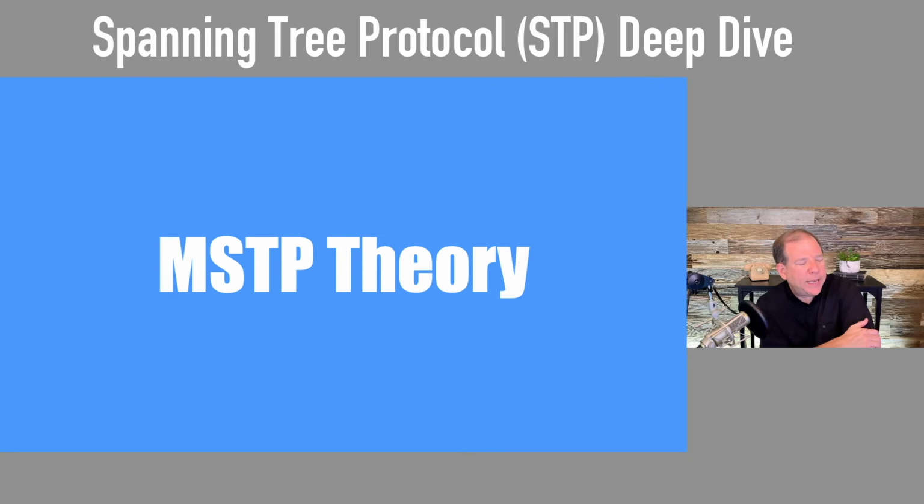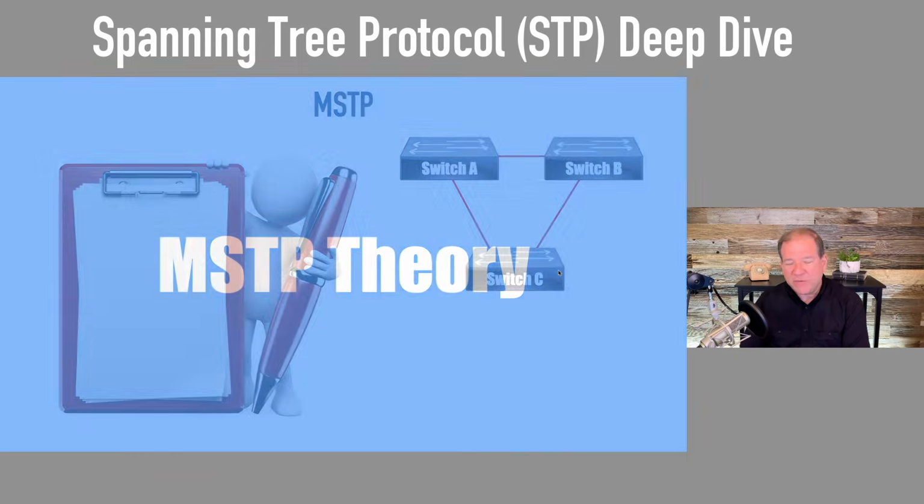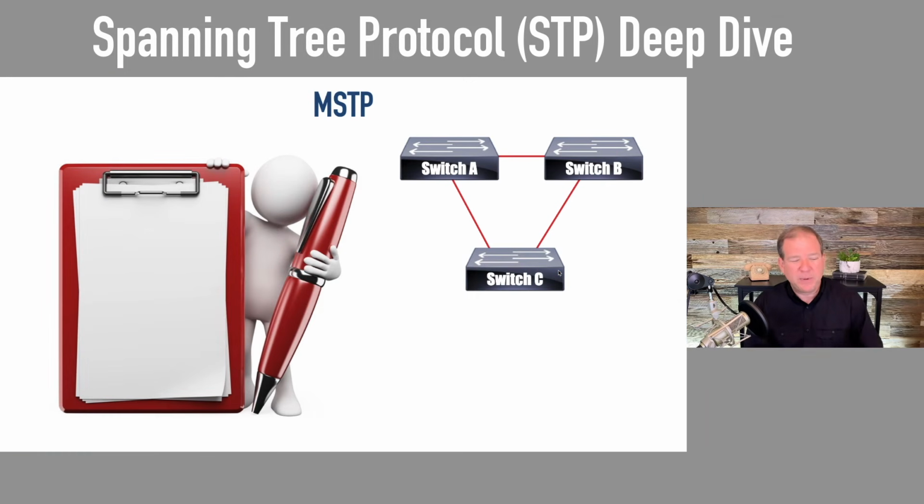What if we made the assumption that if we have a bunch of VLANs, sure, different VLANs might benefit from different topologies, but I'll bet you a lot of the VLANs would benefit from the same topology. I bet we might have several VLANs that would benefit from having, let's say, switch SW1 as the root, and another set of VLANs that would benefit from having SW2 as the root, or switch A, B, C that we see here. So enter multiple spanning trees protocol, or MSTP.